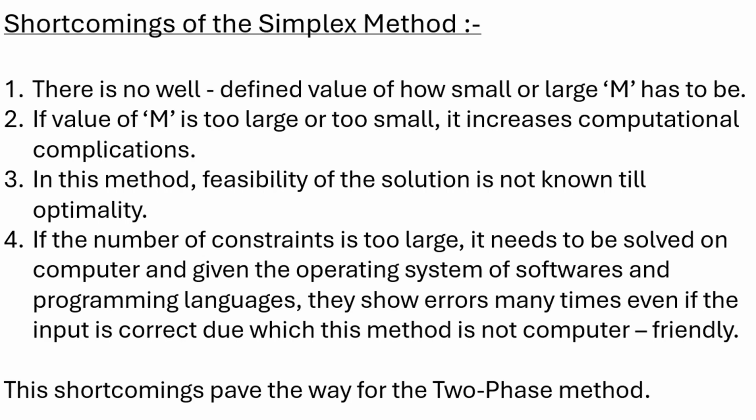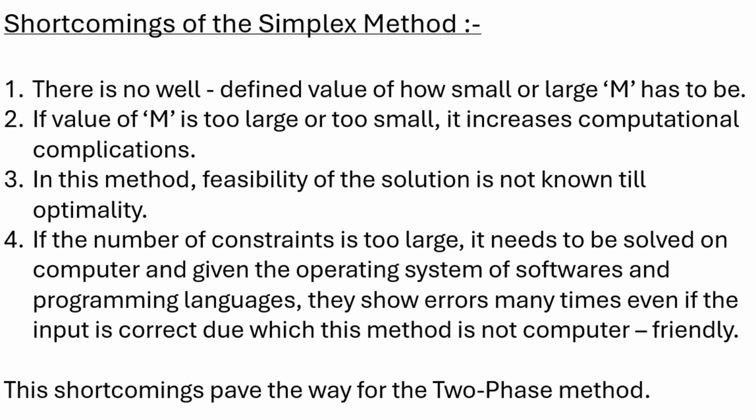But however, there is no well-defined value of how small or how large this M has to be. Now if the value of M is too large or too small, and there is no definition or bound to this too large or too small, it inevitably increases the computational complications.